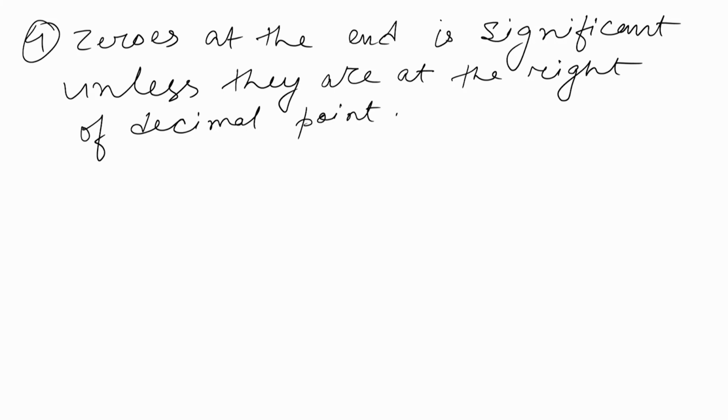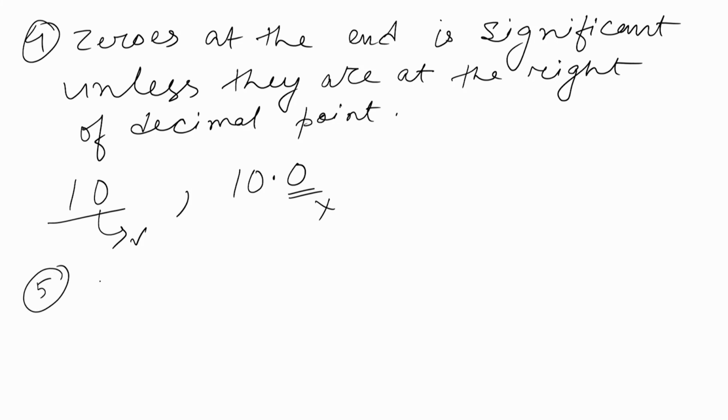Okay. Let's say if we write 10, then this 0 is significant. But if we write 10.0, then this 0 is not significant. Okay. This is significant, but this is not.